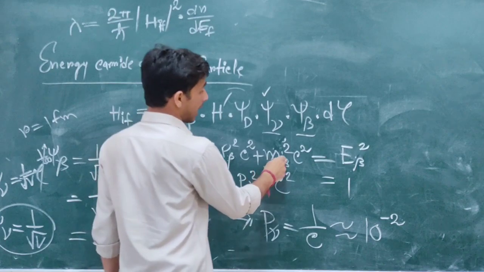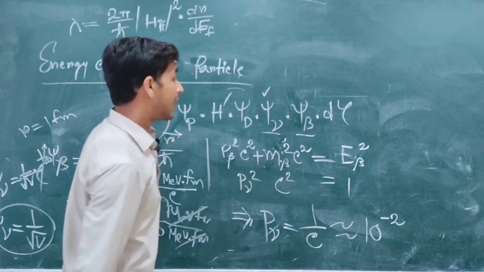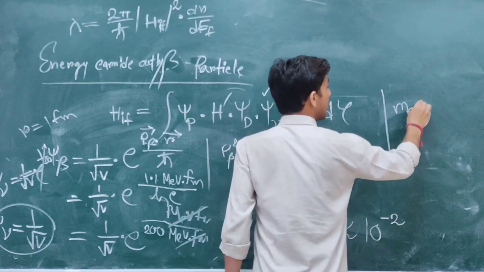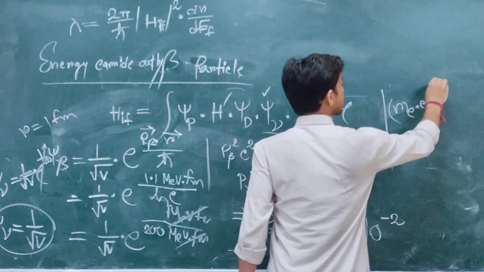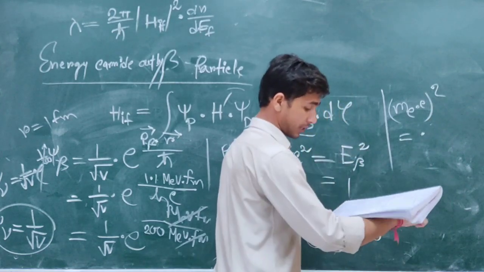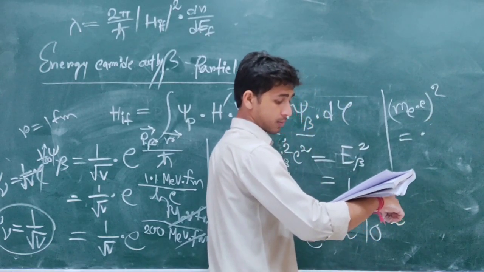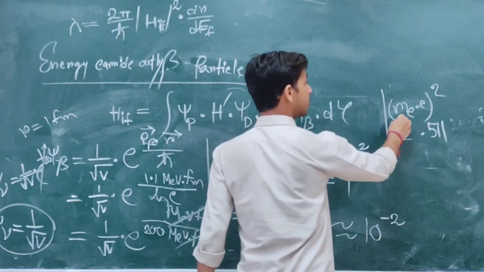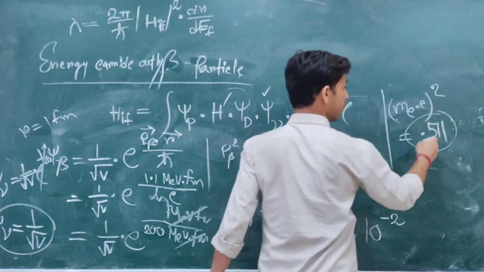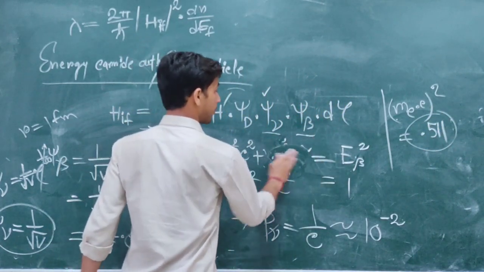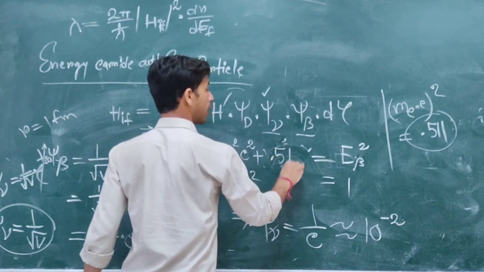This mass and speed of light squared give a result that mass of electron times c squared equals 0.511. Yes, 0.511. Remember this value, 0.511, and if you put that value here.